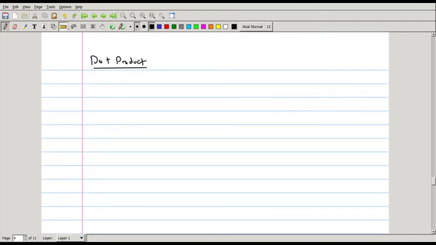And in 2D, if you have a vector A, which is A1, A2, and a vector B, which is B1, B2, we see that the dot product of A and B is equal to the multiplication of the components of the vector added together, component-wise.